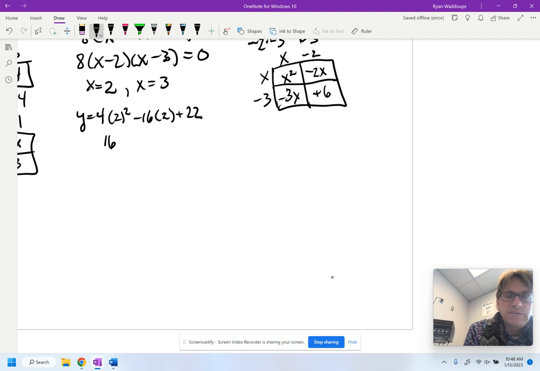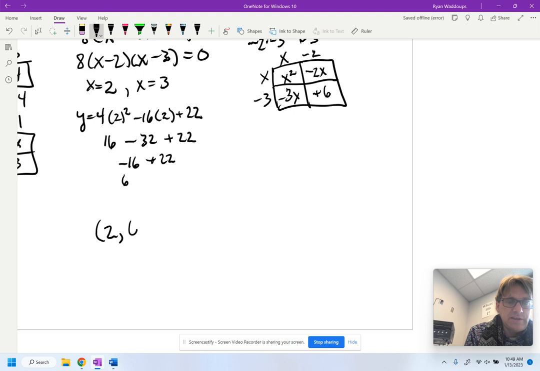And negative 16 times 2 would be negative 32 plus 22. 16 minus 32 would be negative 16 plus 22. And negative 16 plus 22 would be 6. So one of my solutions is the point 2, 6. And we've found the corresponding value for 2.